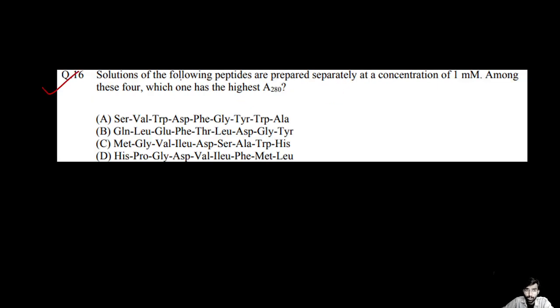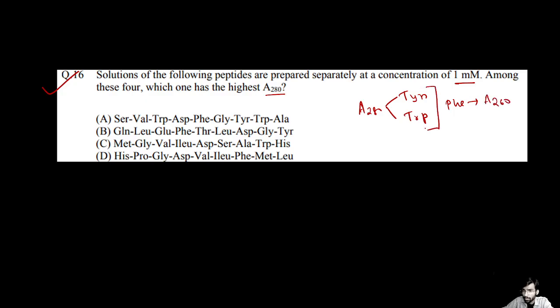Okay, so here the question is saying solutions of the following peptides are prepared at a concentration of 1 millimolar. Among these 4, which one has the highest A280? So protein absorbs at A280 due to 2 amino acids, mainly tyrosine and tryptophan. Also phenylalanine is there, but it absorbs mostly at 260.